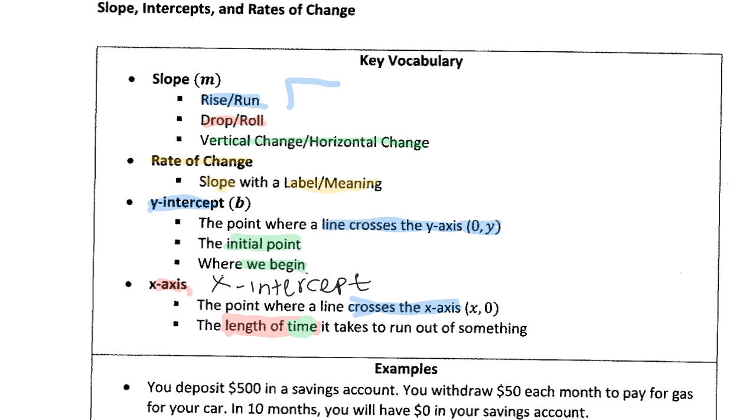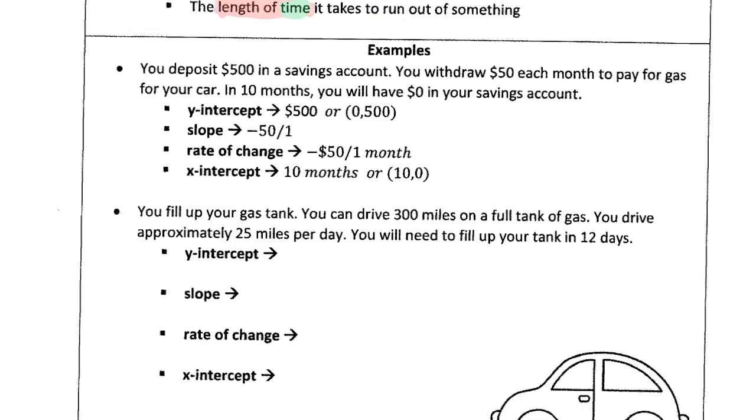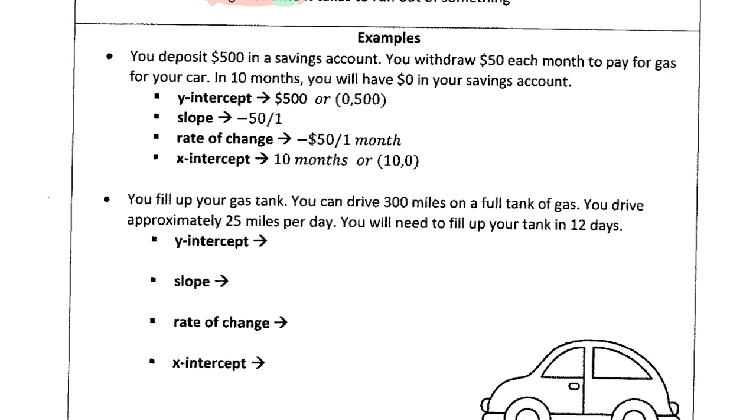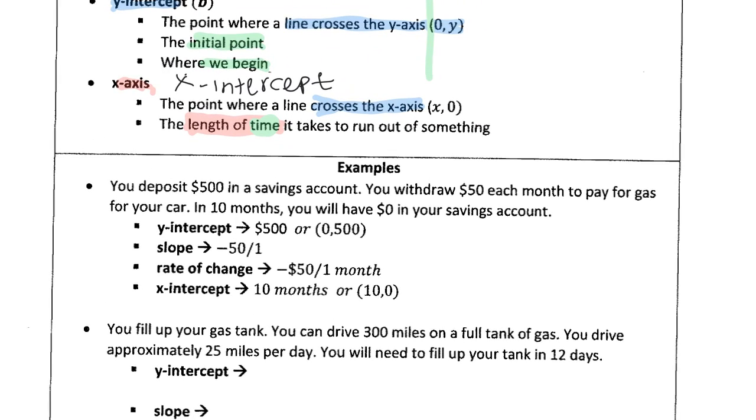So let's put this to some practice then. In this first example, we have the sentence, you deposit $500 in a savings account. You withdraw $50 each month, and in 10 months, you'll have $0.